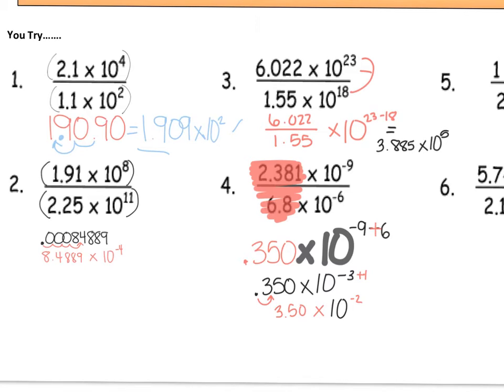So you need to be sure that if you do it this way, you are giving me a final answer in scientific notation. Does that make sense?